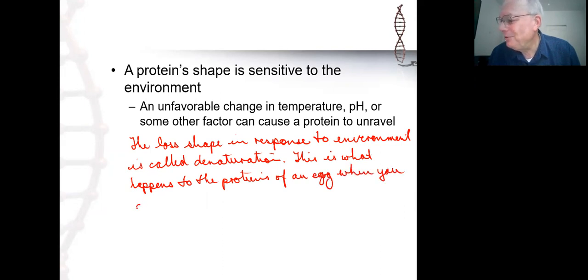So this is what happens to the proteins of an egg when you cook it.